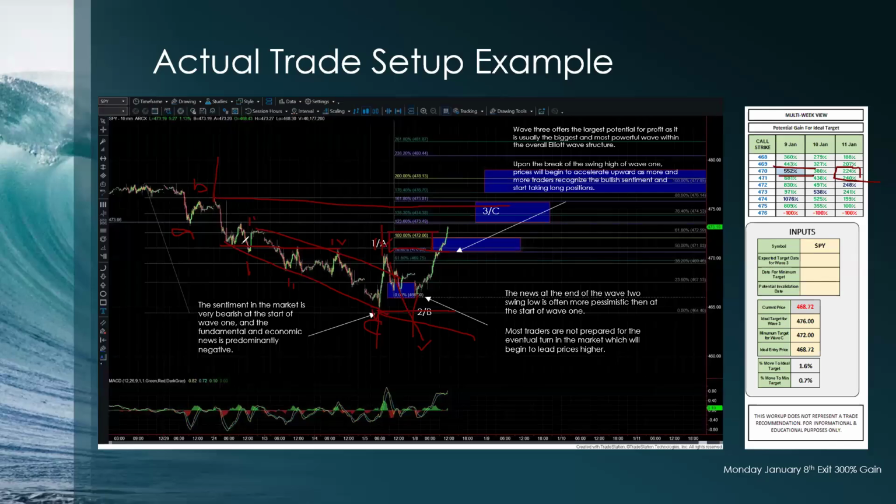Because again, we're trading both sides of the market. It doesn't matter to me if the market's going up or down as long as it's moving, and I can identify patterns. We are agnostic as far as which way the market goes, as long as it's moving. And so again, that's our goal. I think it's a very safe and effective way to manage risk.